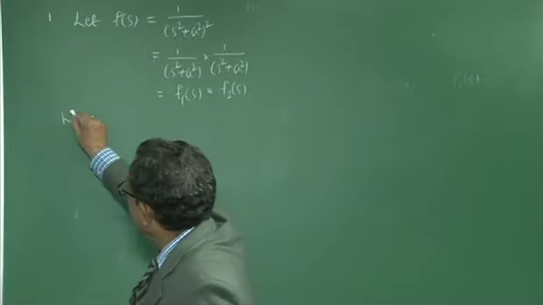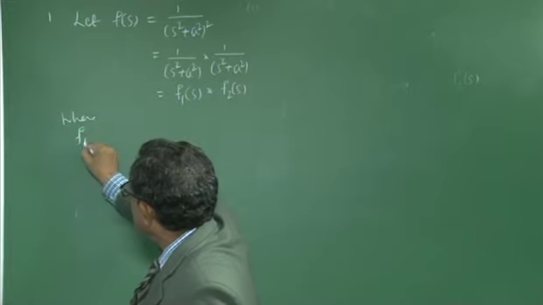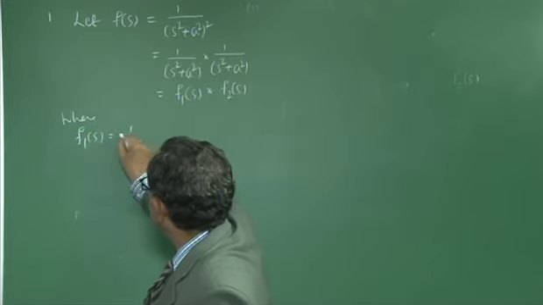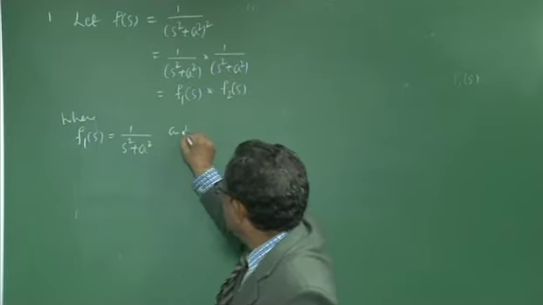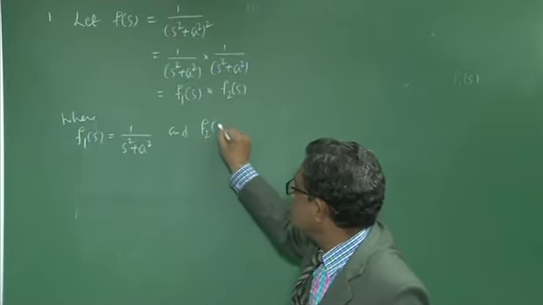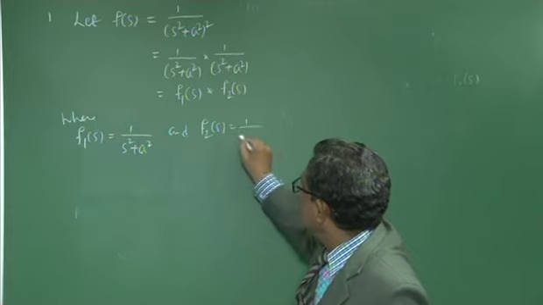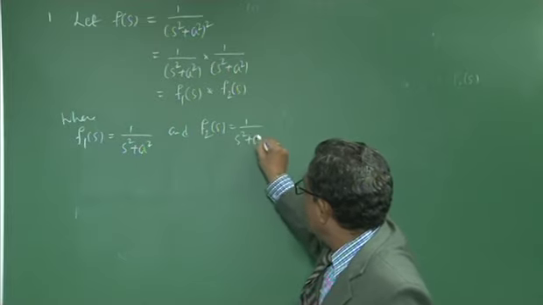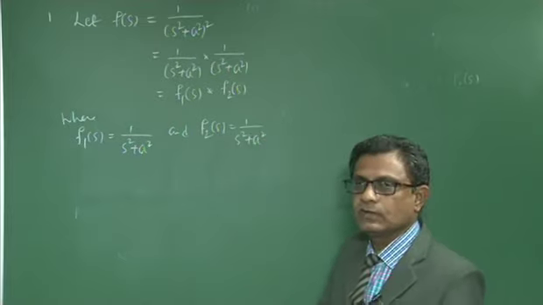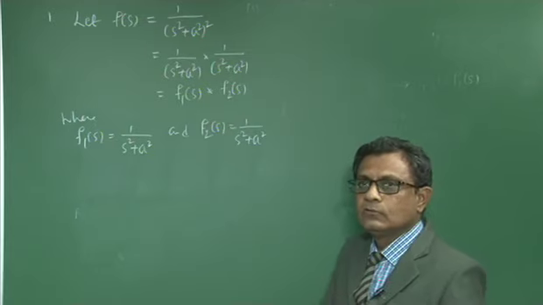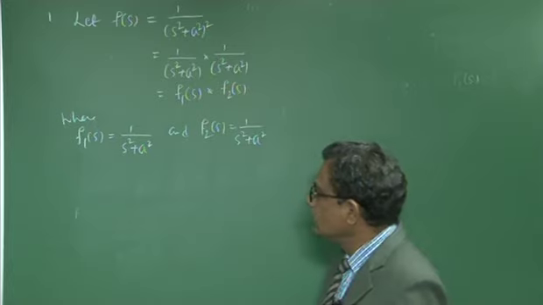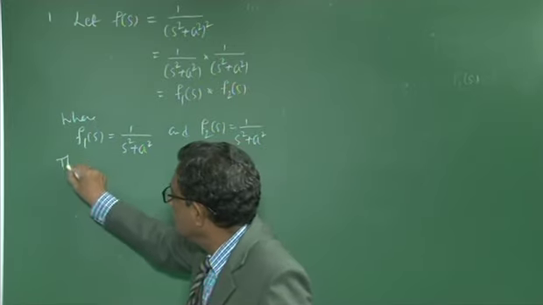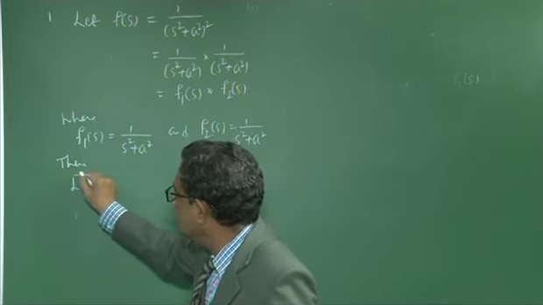Here, F1 of s is 1 divided by s square plus a square, and F2 of s is the same function, 1 divided by s square plus a square. For the two functions F1 of s and F2 of s, first you have to find the inverse Laplace transform.